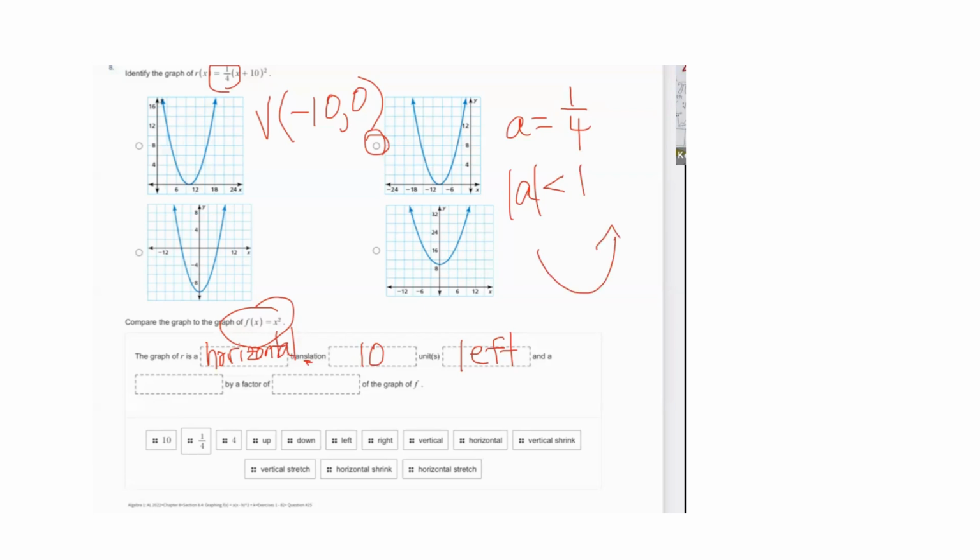So I'm going to have to see which of these words fits. It's not going to be a vertical stretch. Shrinks we don't even use really. So this one is going to be a horizontal stretch. It stretches, it makes it wider, so it's going to be a horizontal stretch, and that's by a factor of 1/4.